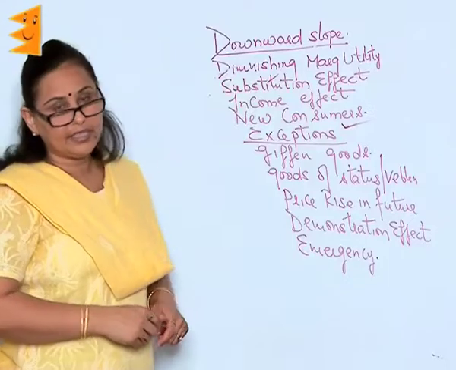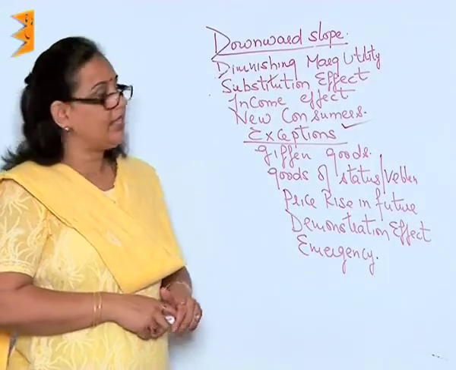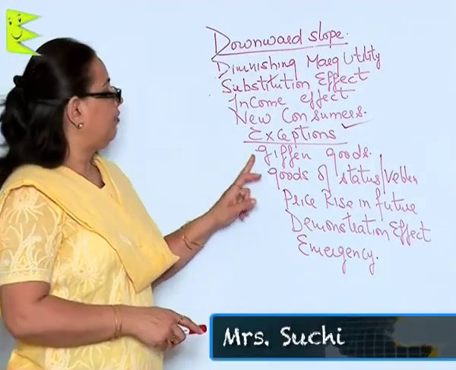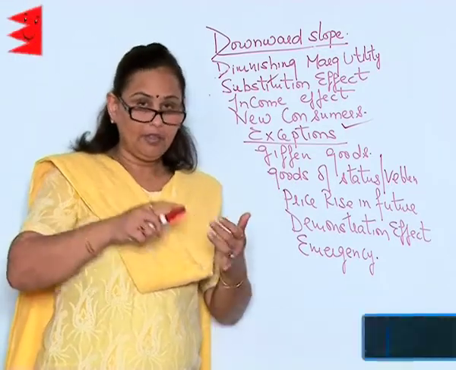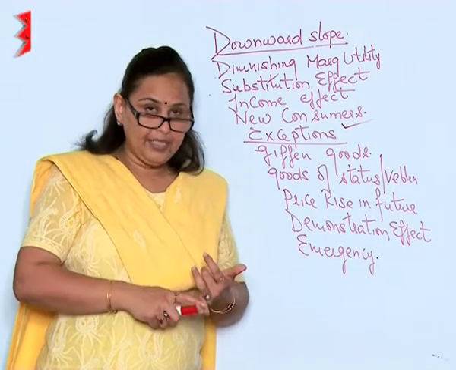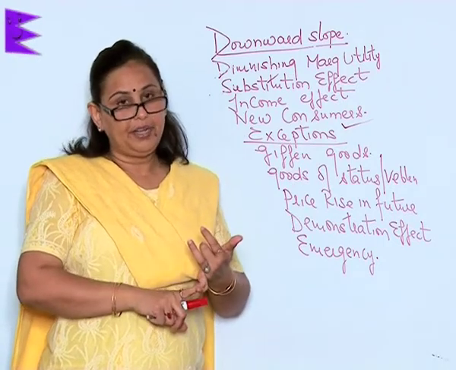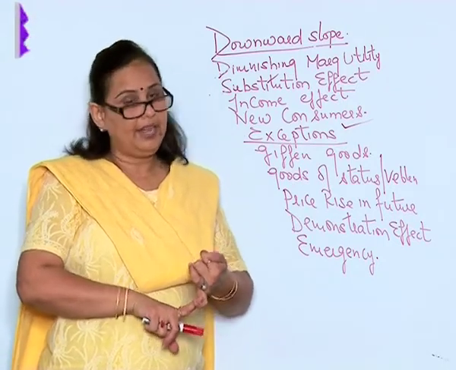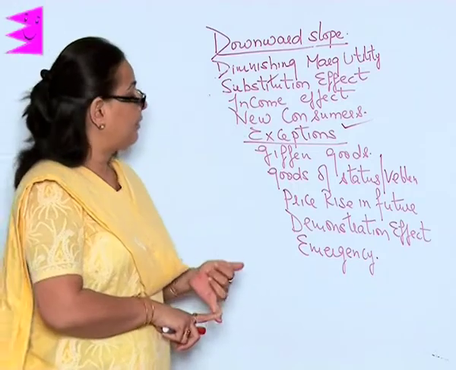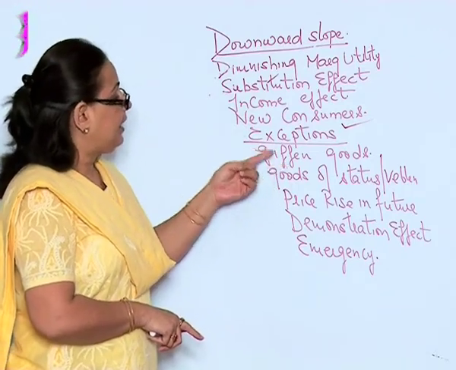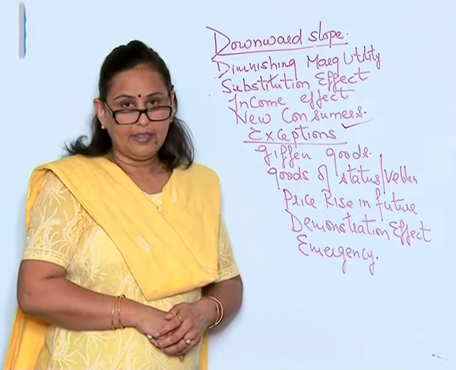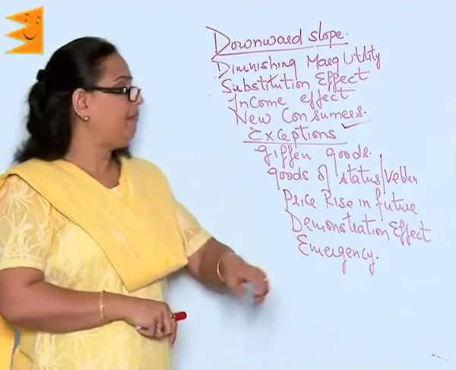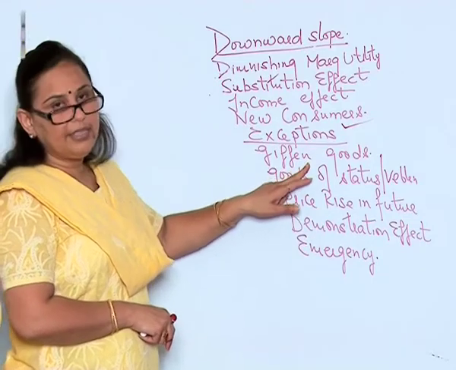But there are certain exceptions to all these laws, and those are, for example, the Giffen goods. Normally, when the price of a commodity rises, the demand decreases. But with Giffen goods, when the income of a consumer rises, the demand for the given good decreases.